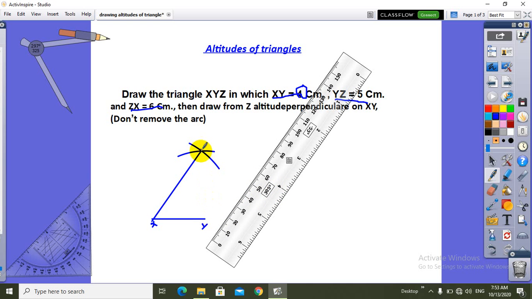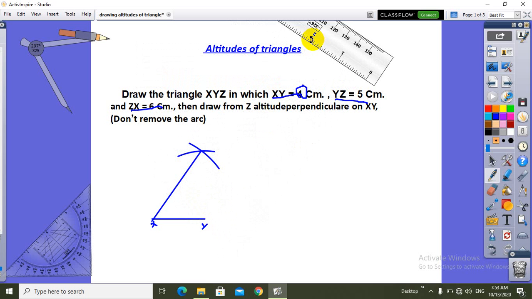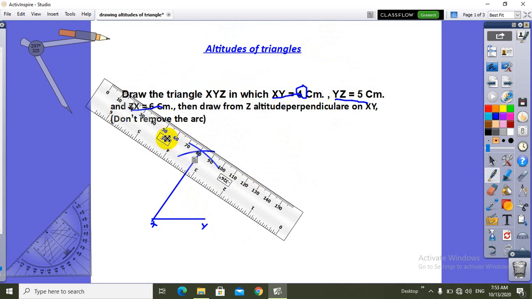But if you make it by the pencil alone, it will not be right. Then I will use this ruler to make the line straight.